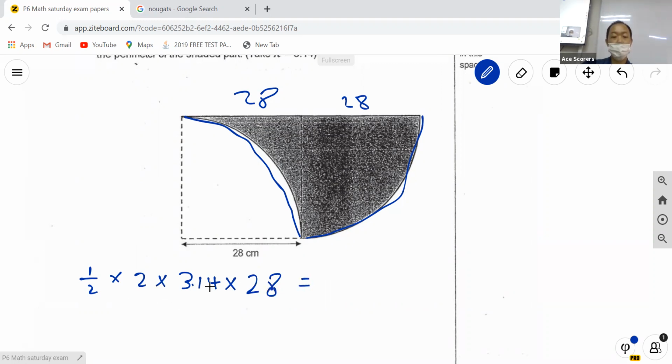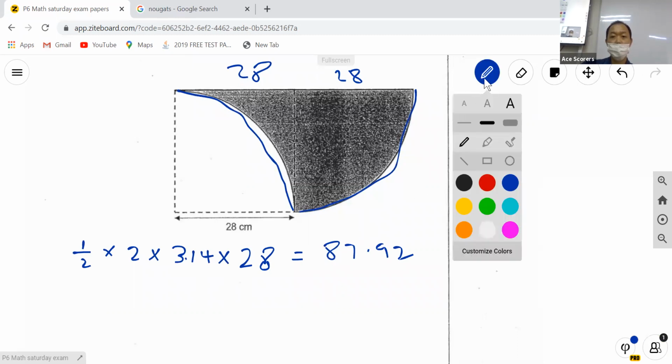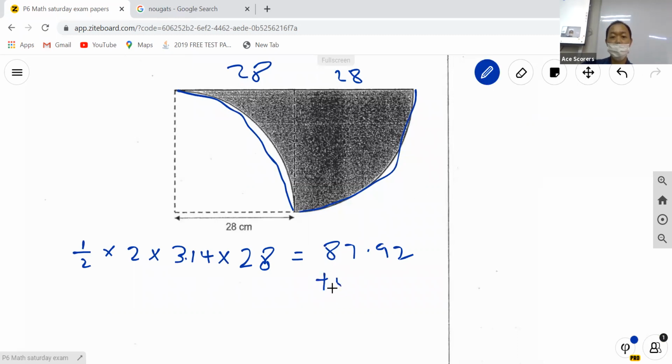If you want to find the entire perimeter, you add 56. So 87.92 plus 56 equals 143.92.